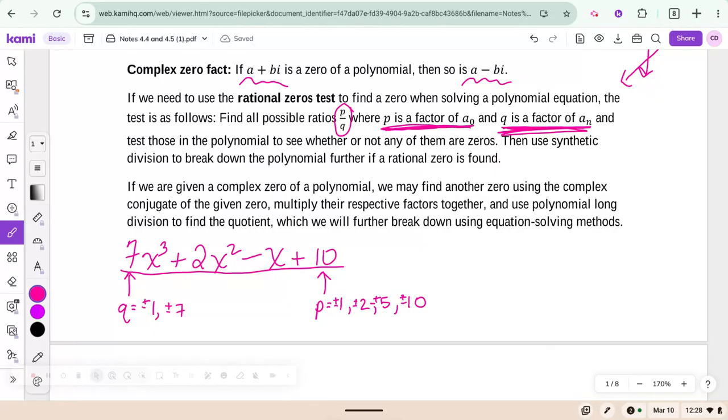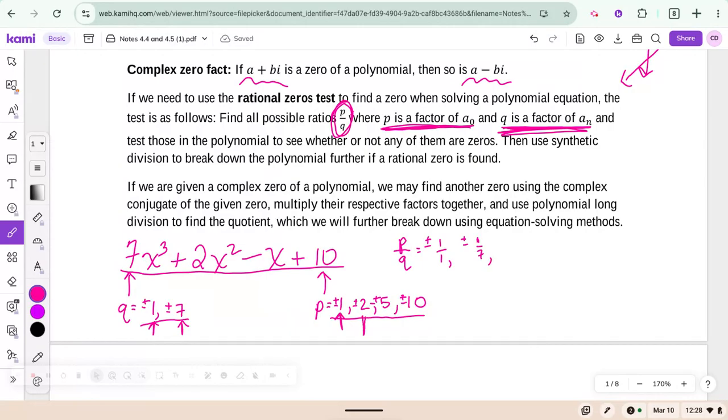So to find all the P's over Q's, we take all of these numbers divided by all of these numbers. So that's quite a lot of possibilities. So I like to just do this very systematically. I'll start with 1 as my numerator. 1 over 1, 1 over 7.